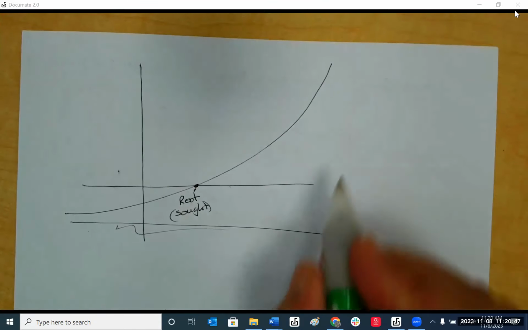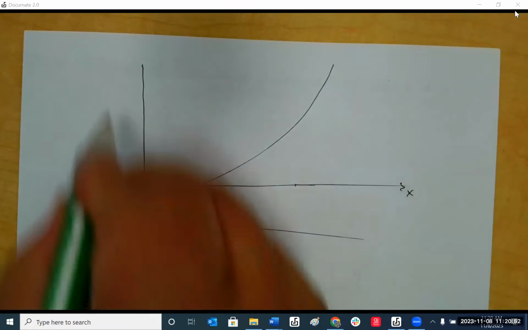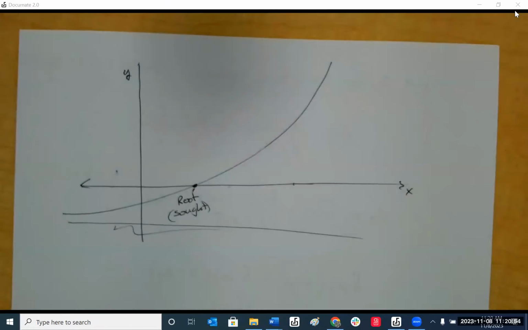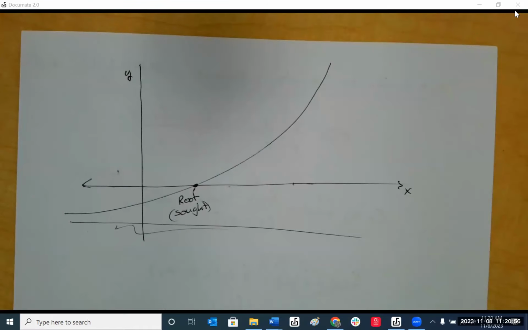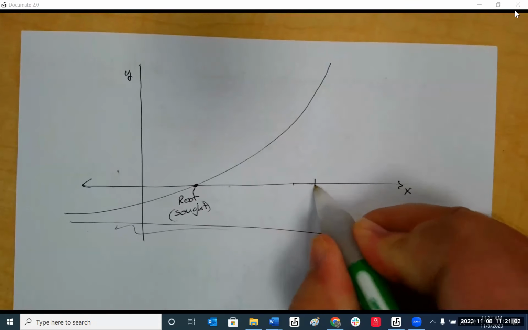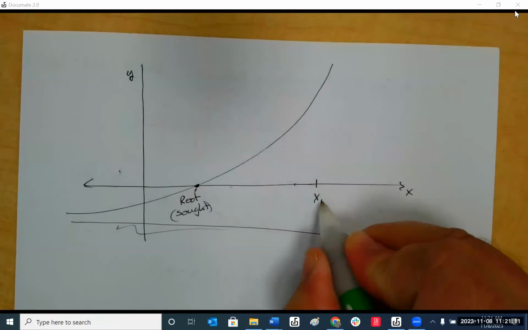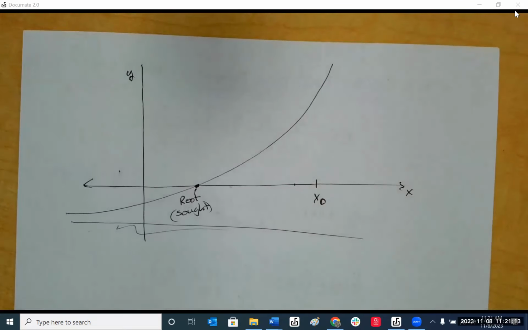This is the x-axis, and that's the y. We don't know where it is, so we pick a value of x. Actually, let's start off with x sub 0 because we have an initial start.